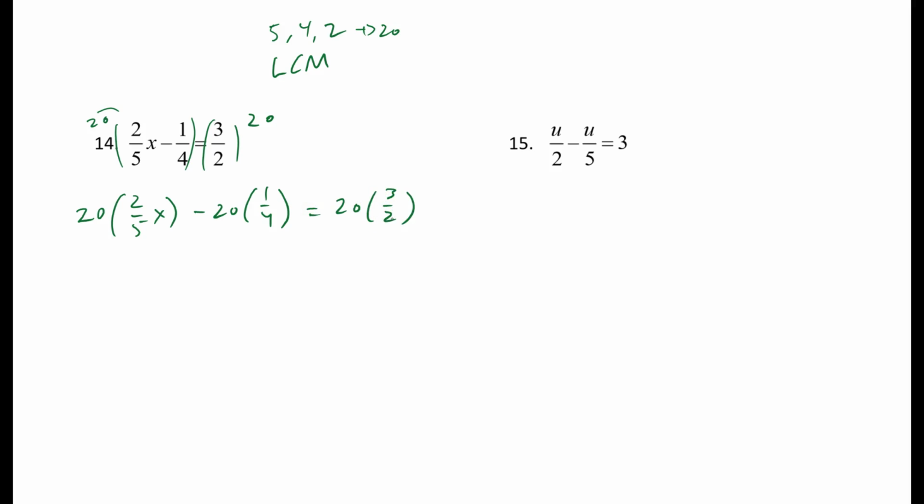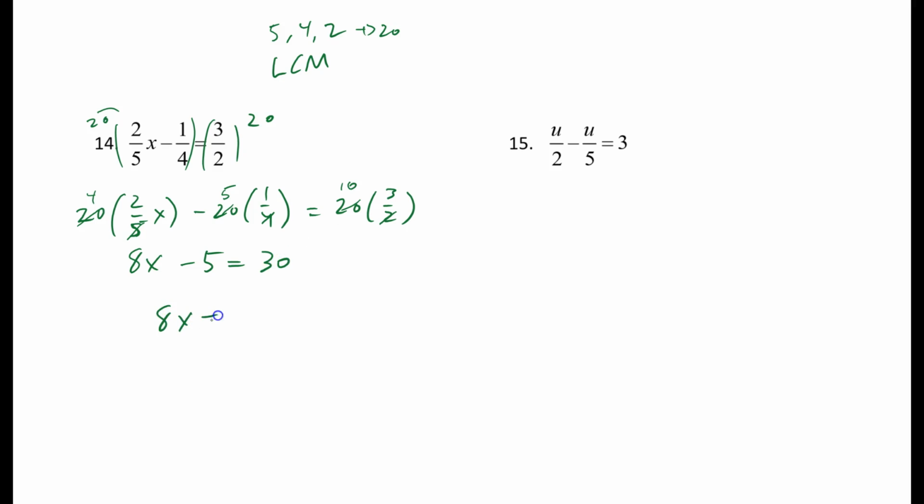So you can just see I multiplied every term by 20, and you'll see why that's a good strategy here in a second. 20 times 2/5, 5 goes into 20 4 times. 4 goes into 20 5 times, and 2 goes into 20 10 times. So now we're left with no fractions. 4 times 2 times x is 8x, minus 5 times 1 is 5, equals 10 times 3 is 30.